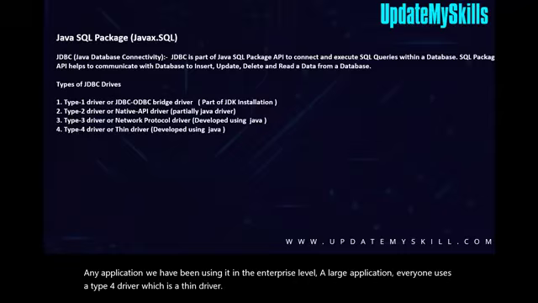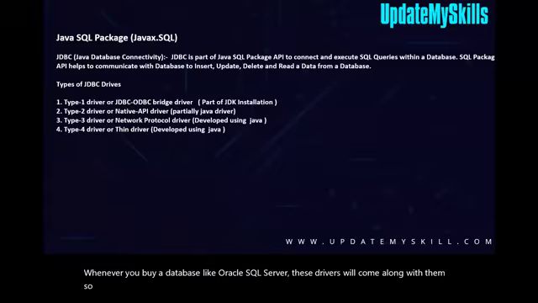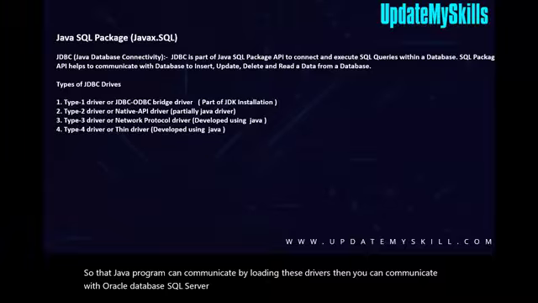Whenever you buy a database like Oracle or SQL Server, these drivers will come along with them so that a Java program can communicate by loading these drivers. Then you can communicate with an Oracle database, SQL Server database, and Postgres database.